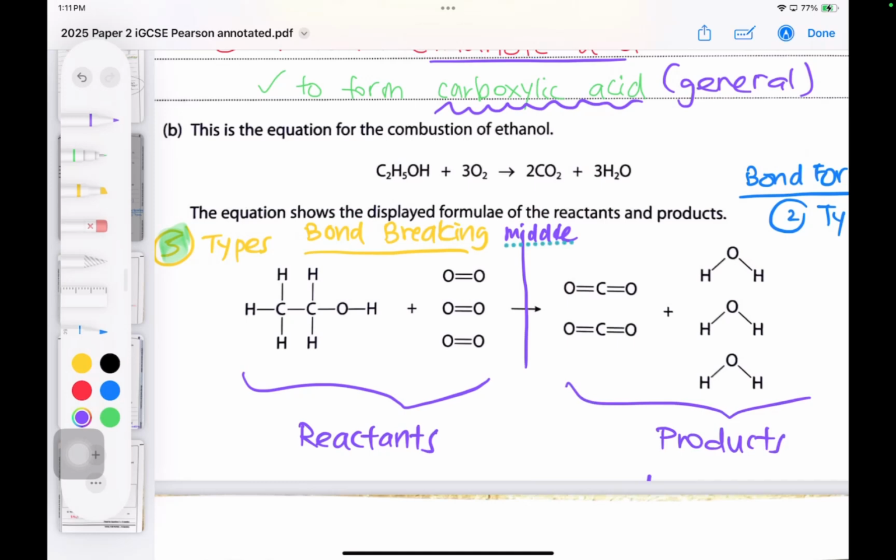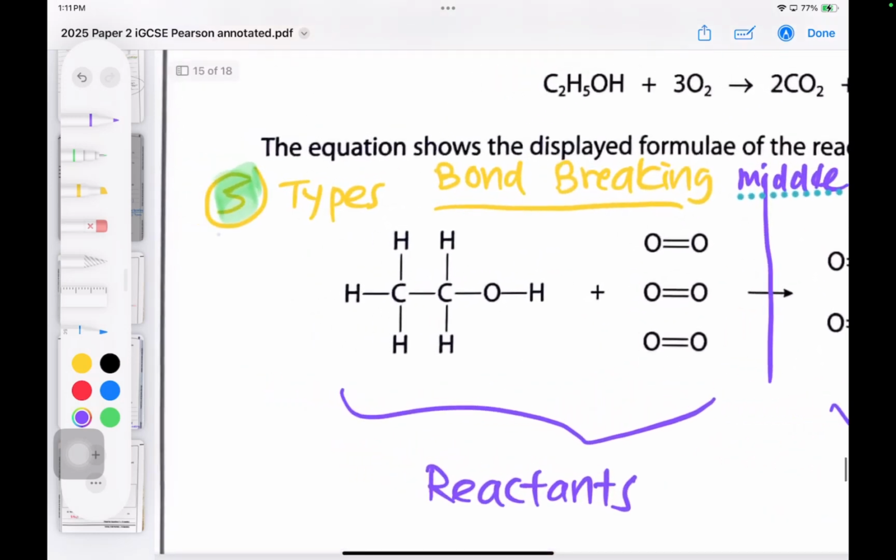So let's take a look at the reactant. All in all, there are 5 types of bond that will be breaking, and the clearest one is actually our oxygen O=O double bond there, and there are 3 of them. That's the first type. The second type is the bond between the C's.